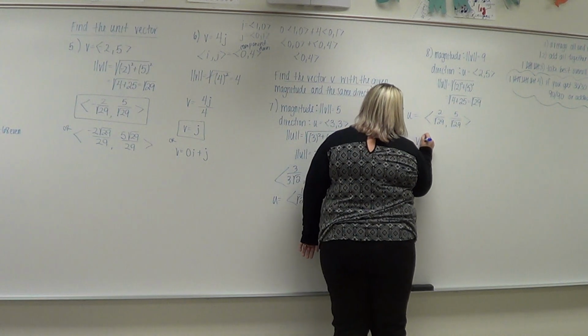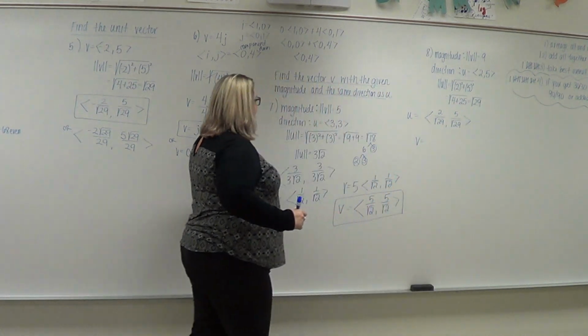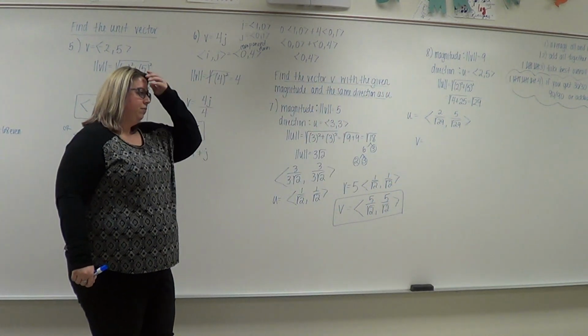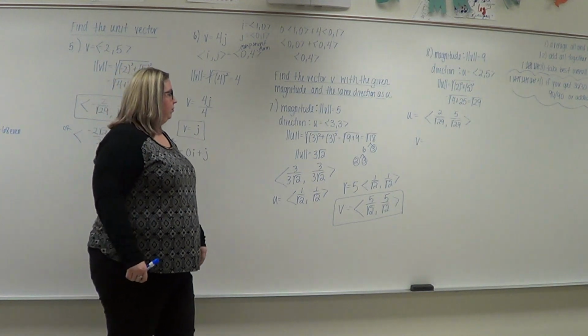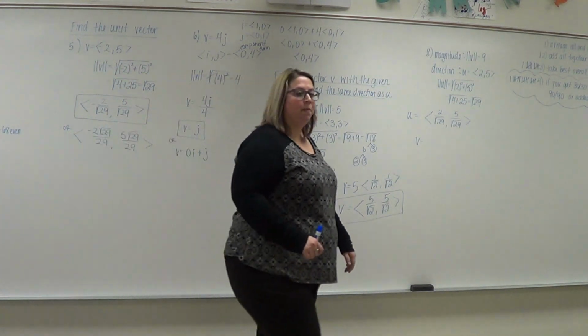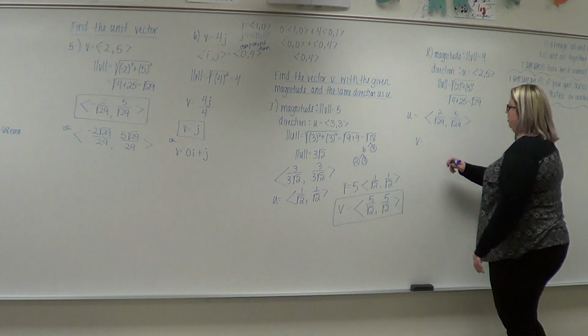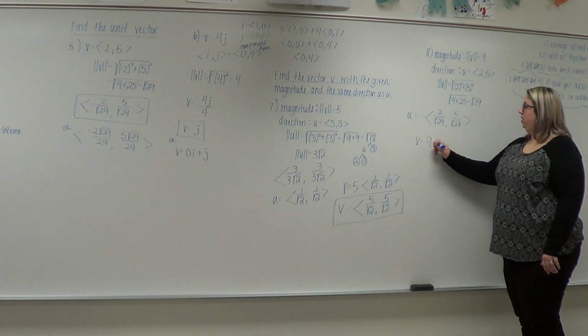So how would I find v now, if I did what I did on number 7? The magnitude is 9. Okay, so what would I do with the 9? Multiply it.